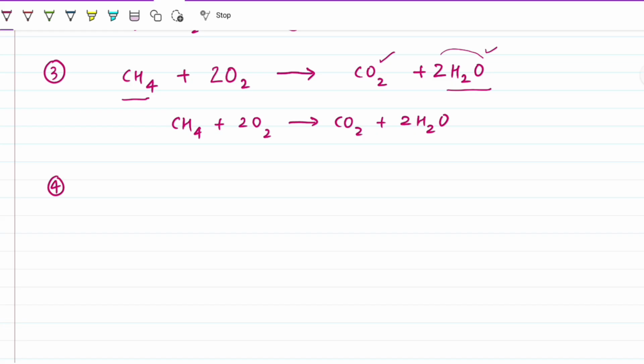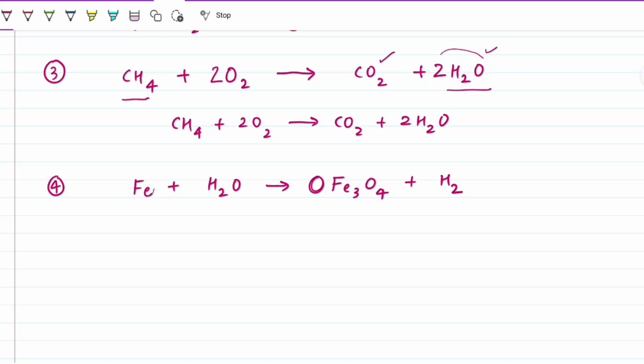One more example. If I write Fe plus H2O, it gives Fe3O4 plus H2. One more thing that you have to remember: you can change the number which is written in front, at this position, not the number which is written in subscript.